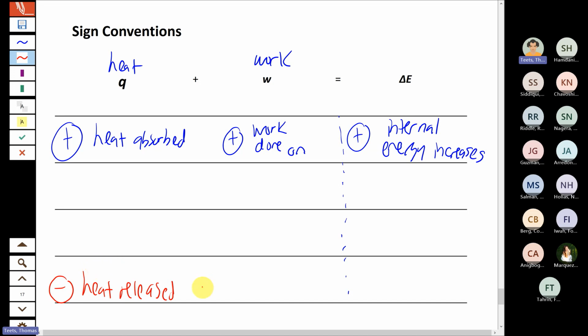And then if work is done by the system, a common situation for that would be if your system is a gas and then the gas expands and pushes up against a piston or something, then the system is doing work on the surroundings and then the work term will be negative. So if both Q and W are negative, delta E also then has to be negative, which means the internal energy of the system decreases.